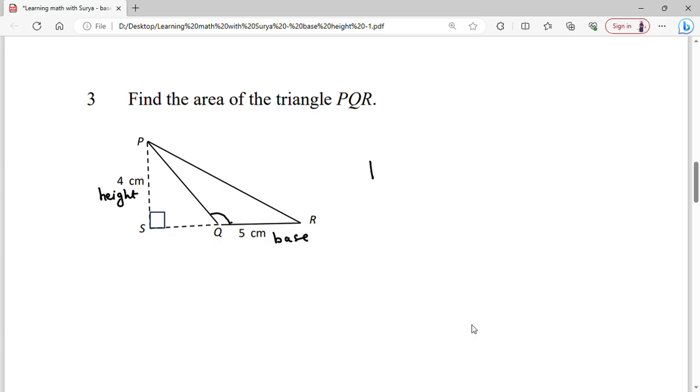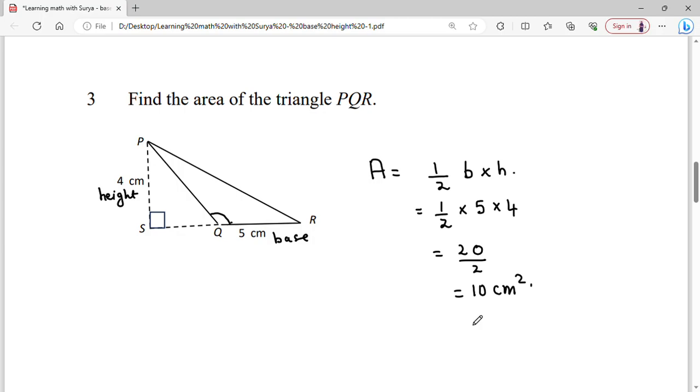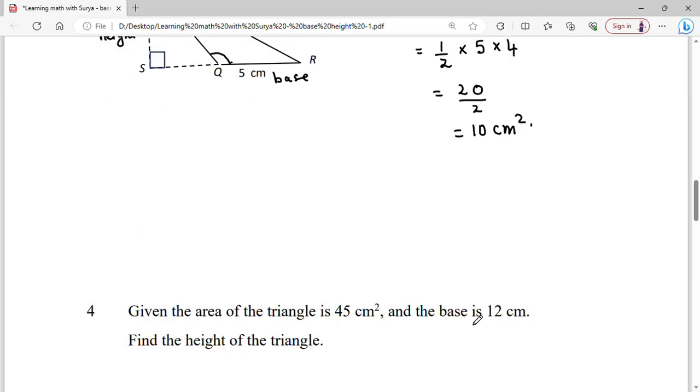Hence area is equal to half base times height, which is half times 5 times 4, or it's 20 by 2, which is 10 cm square. So these are the three types which you need to identify and calculate area of triangles. Now, this is the last of the three types, but we could also have a mix of all these things.